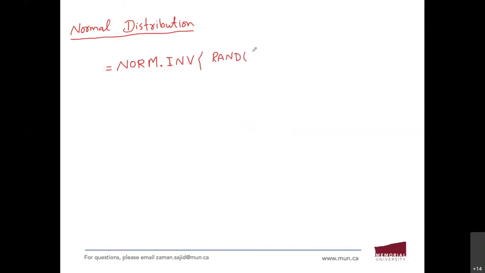Now, if you have normal distribution, the formula should be NORM.INV of your random number, which is RAND, comma the mean value, comma standard deviation.